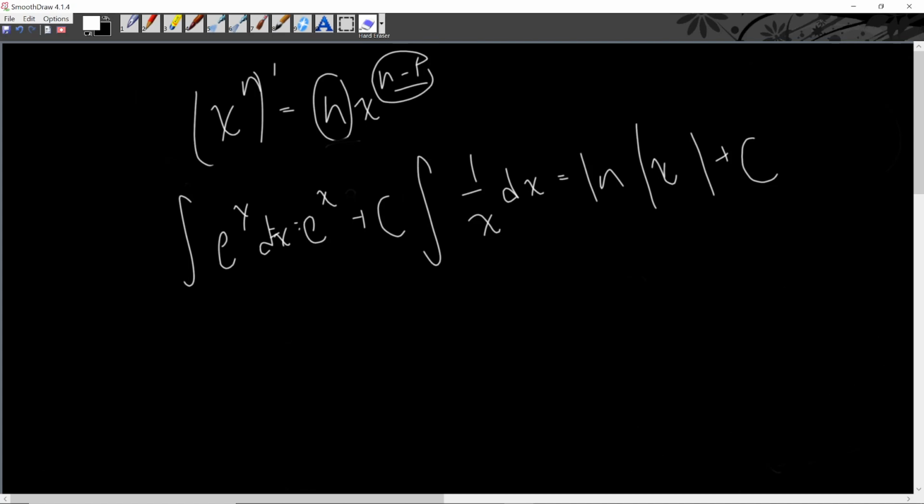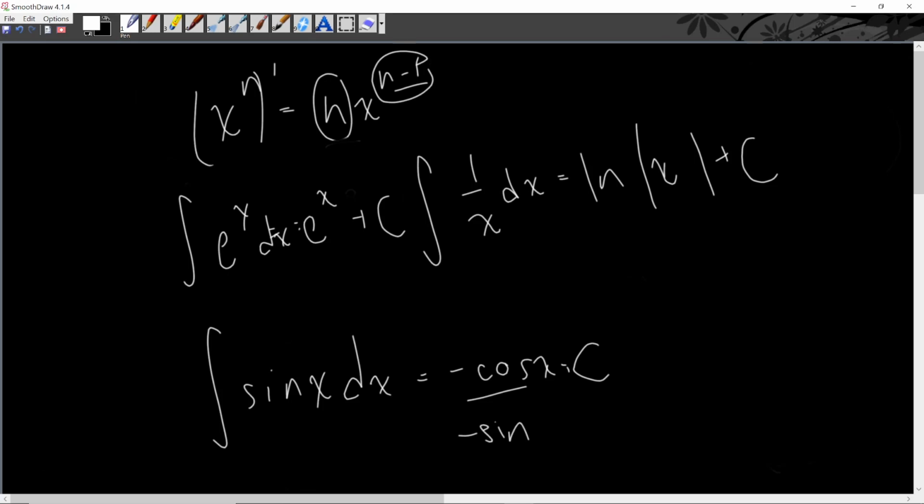And then what are some other important ones? You need to know your trig ones relatively well. The integral of sine x dx is going to be negative cosine x plus c. That's because cosine differentiates to negative sine, so we want those negatives to cancel out, so we have to have a negative out there.